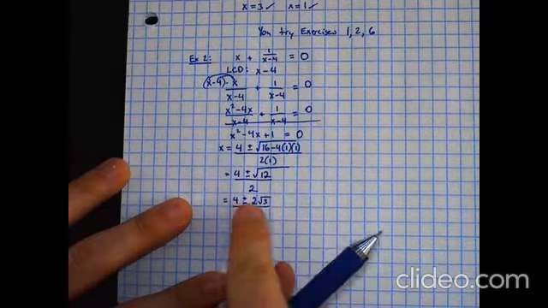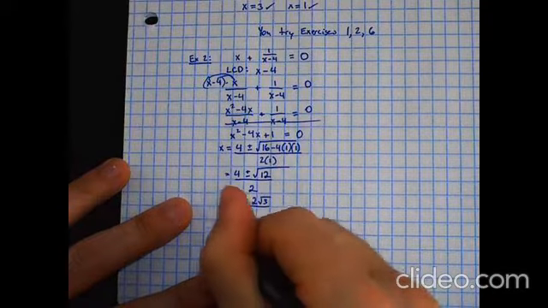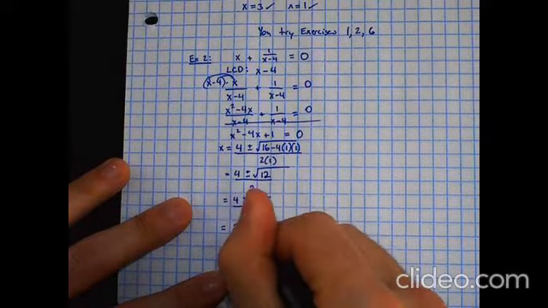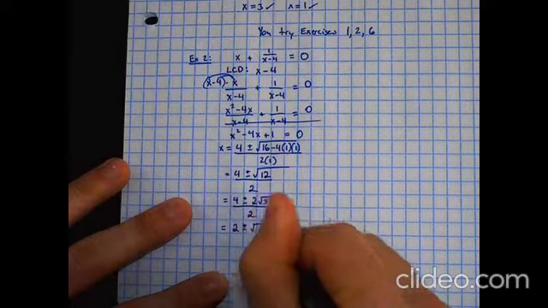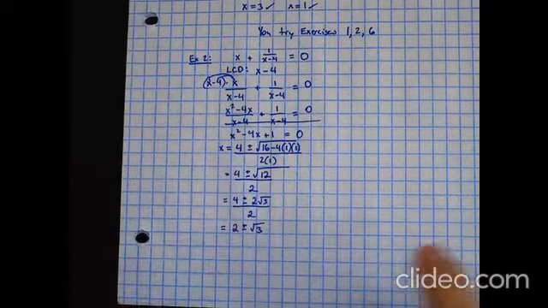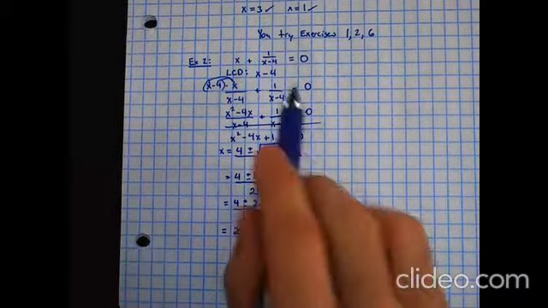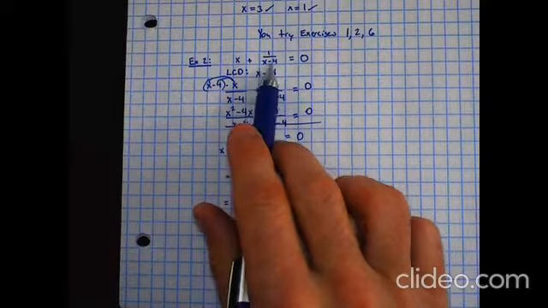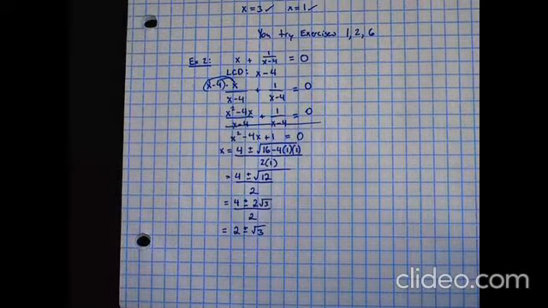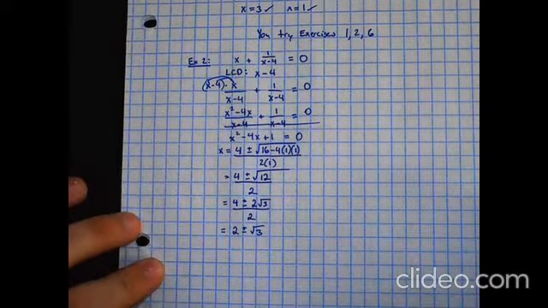Both of these terms are divisible by 2, so I'm going to reduce this down to 2 plus or minus root 3. If I plug both of these back in for x, we will equal 0. What we're really looking for is if we get an x equal 4, which we can't equal here. And sometimes that will happen, you'll get an extraneous solution there.